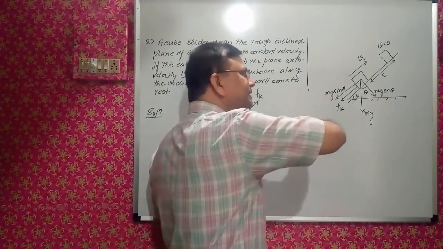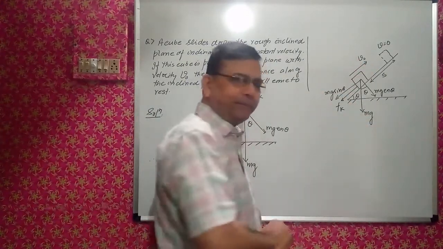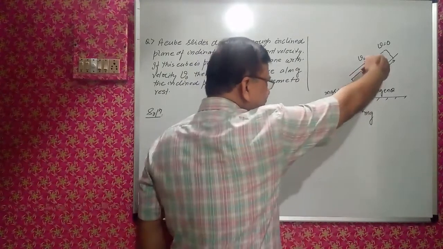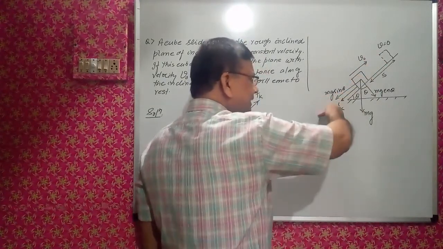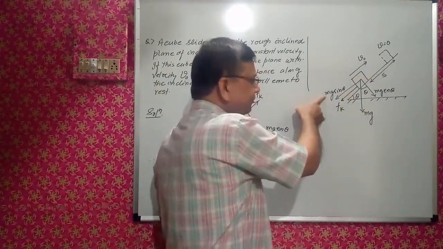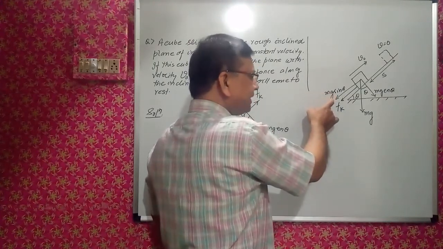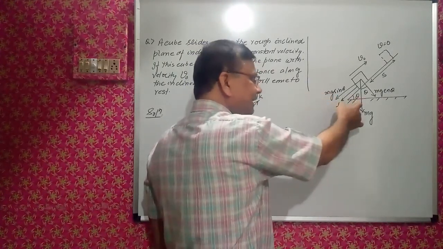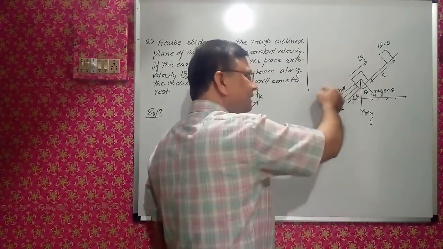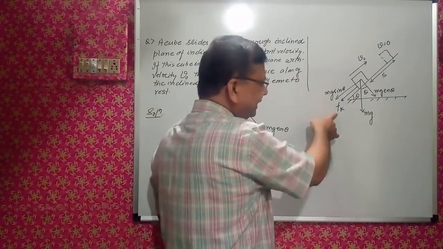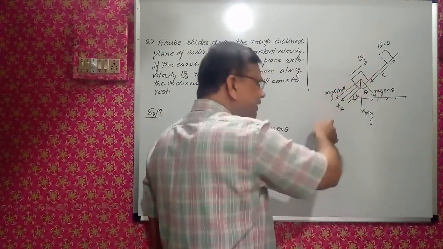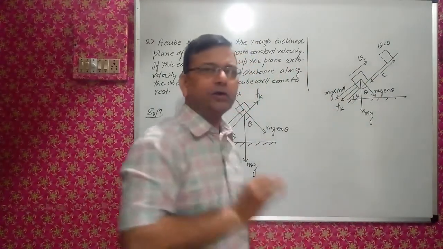Now with this velocity it will try to go up, right, but two forces are acting on it. mg sin theta, this is constant because mass is constant, gravitational acceleration is constant, theta is constant, so mg sin theta is constant. And there is a kinetic friction which is also acting downward, this is also a constant.